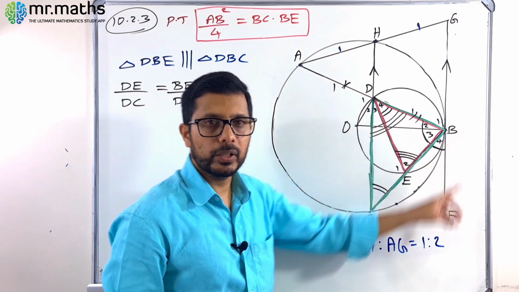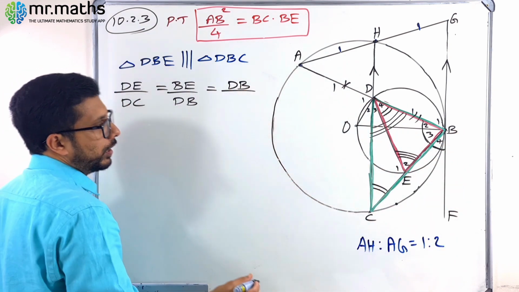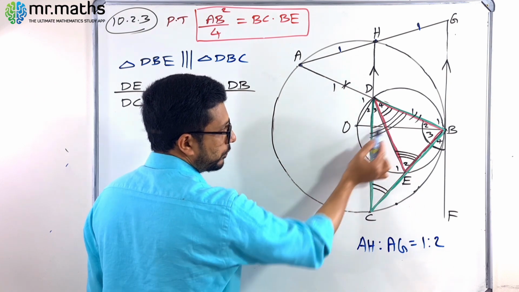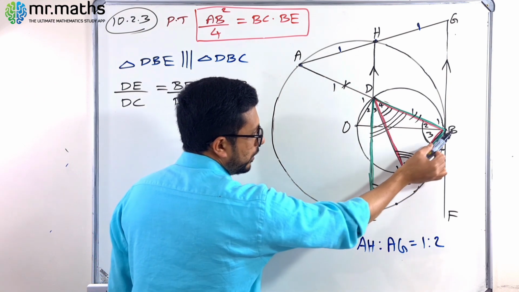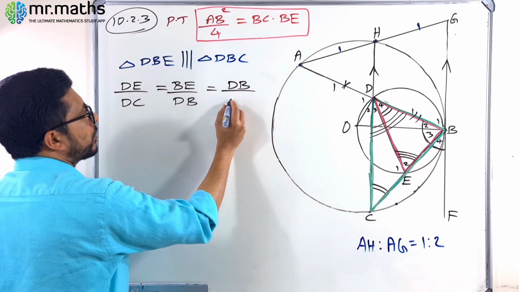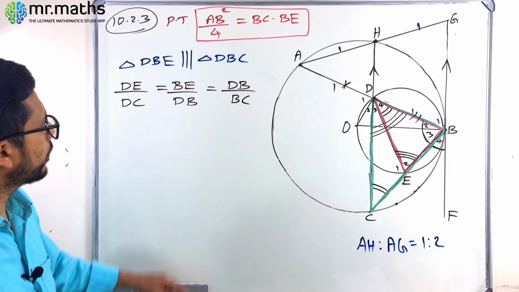BD or DB. So there also DB divided by the three lines of the big triangle. What is the opposite side of that angle? It is BC. So divided by BC. Now look at this one.